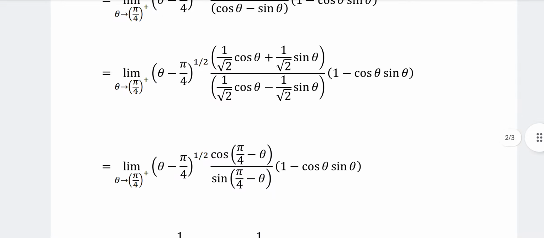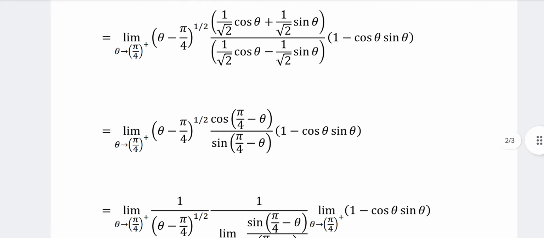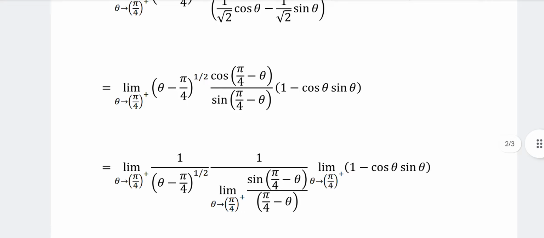The numerator is nothing but cos (pi by 4 minus theta), and the denominator is sin (pi by 4 minus theta). Now I can multiply numerator and denominator by (theta minus pi by 4) to the power 1 by 2.